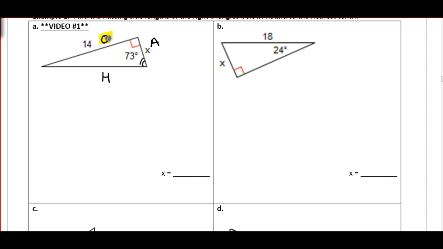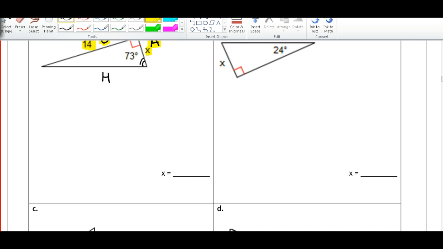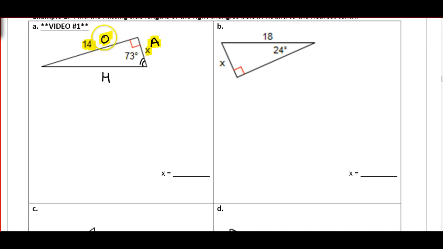So I've got the opposite side, and I've got the adjacent side because that's got my x, and this has a 14. The hypotenuse doesn't have anything on it. That's how we know that we're not going to use a trig ratio that uses the hypotenuse. Seeing that I've got the opposite side and the adjacent side, I know that my tangent function uses opposite and adjacent.